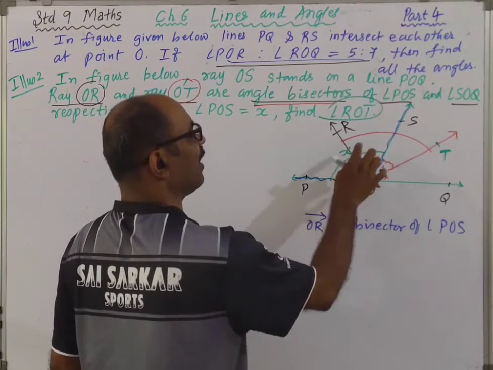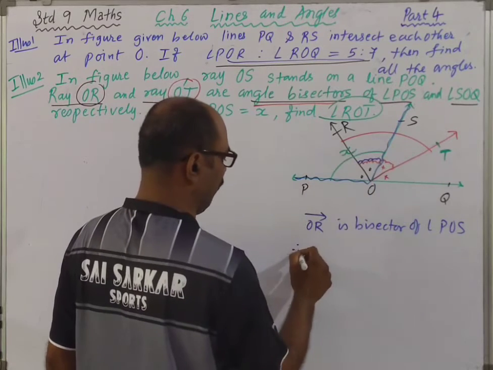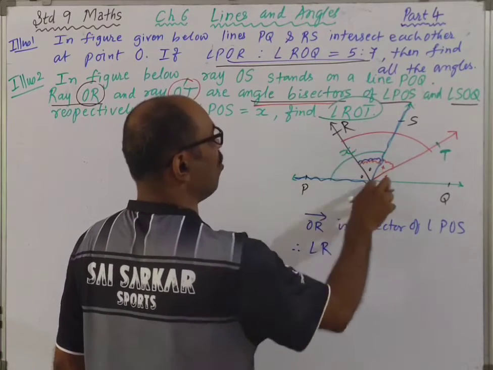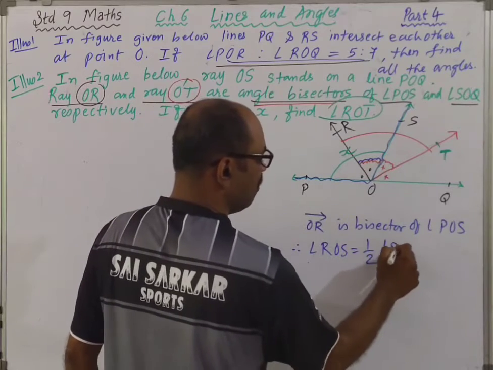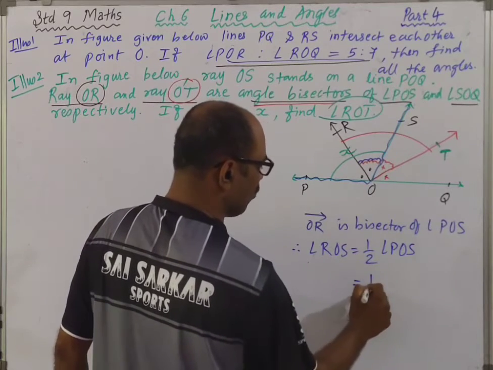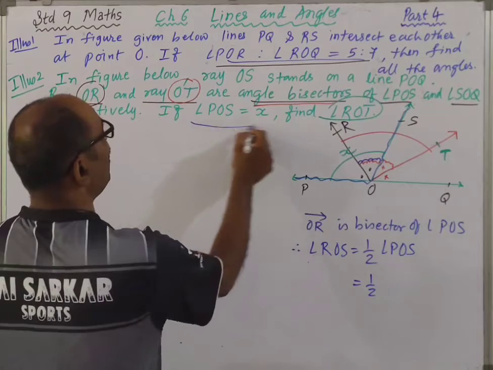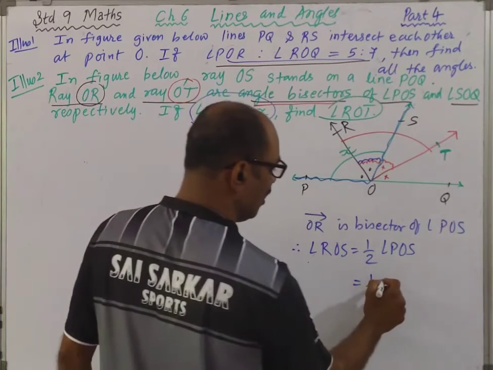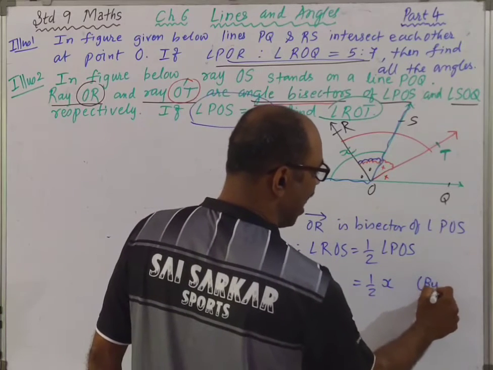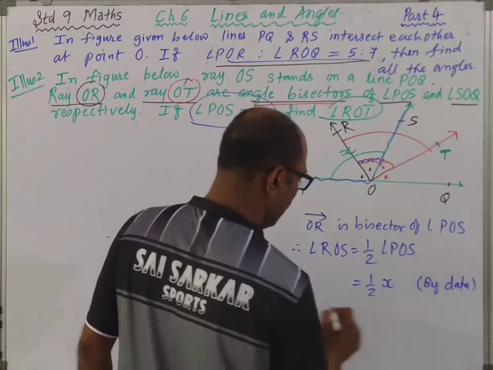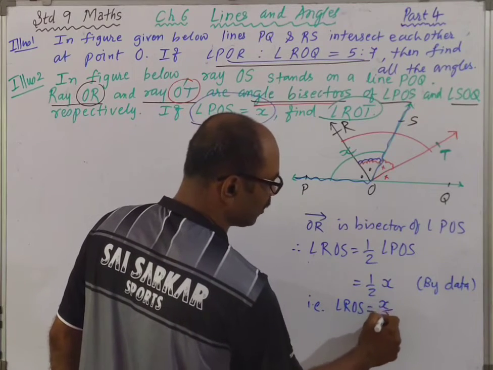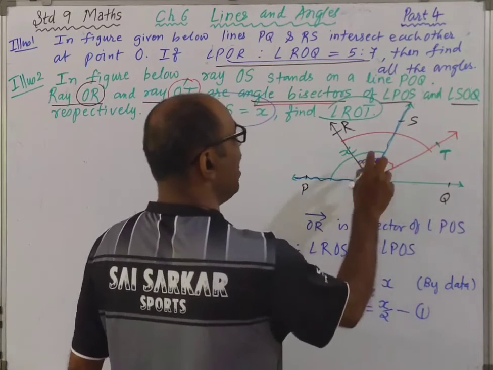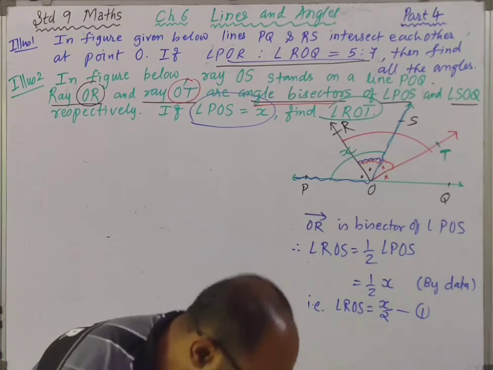So these two are equal, but I am interested only in this. Therefore, angle ROS is half of angle POS. That is equal to half of, children, POS is x, that is given. So half of x, i.e., angle ROS is equal to x by 2. Result 1. I got this.